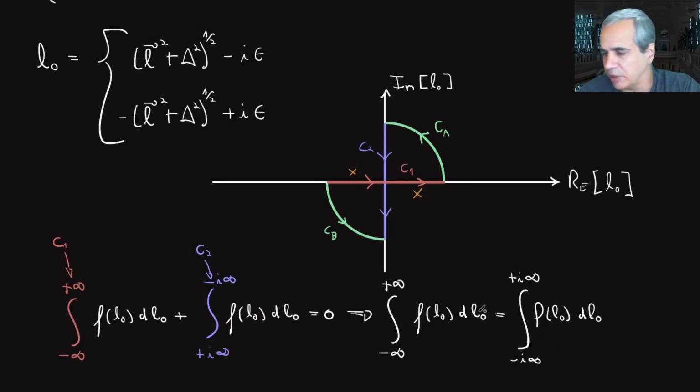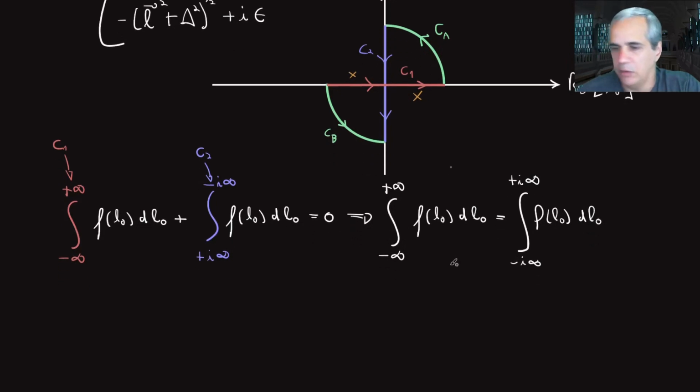This relation right here allows me to exchange the integral along the red curve for one along the blue one going up, because I flipped the limits of integration. So I can now do a change of variables. You can exchange L0 by i L4, which means that L squared will become minus L4 squared.